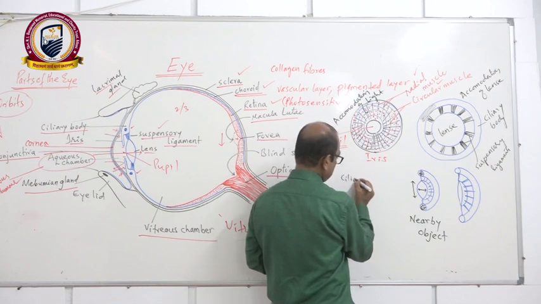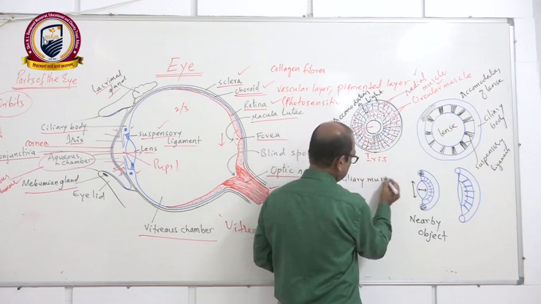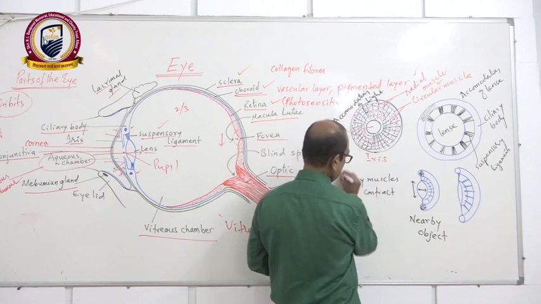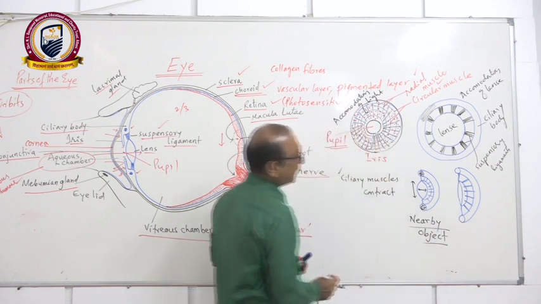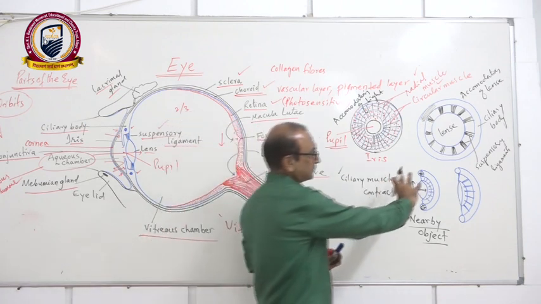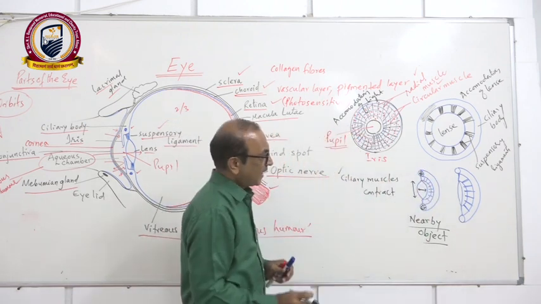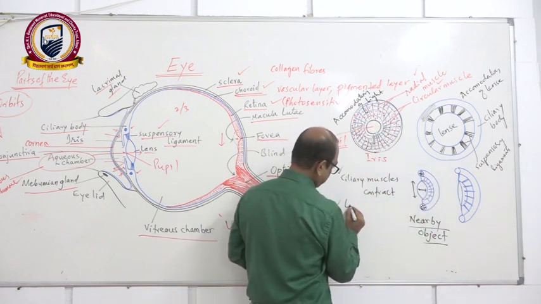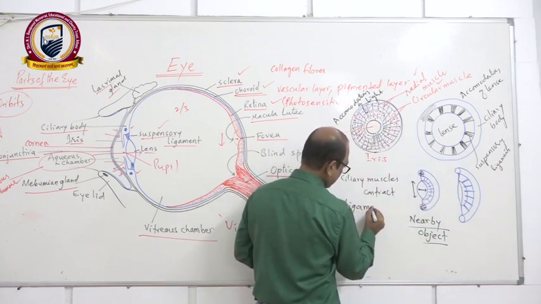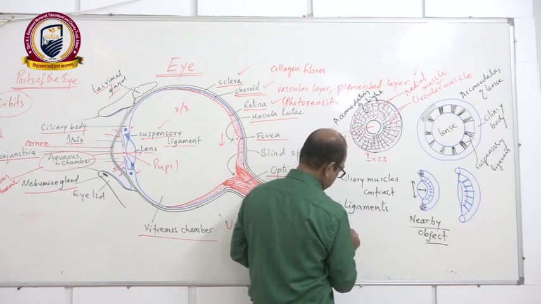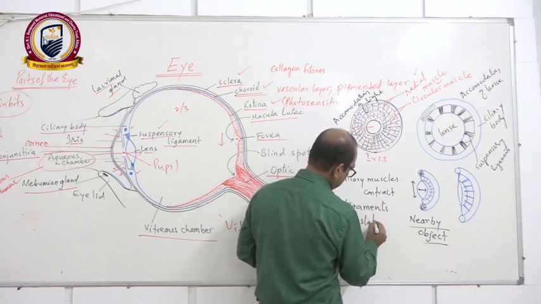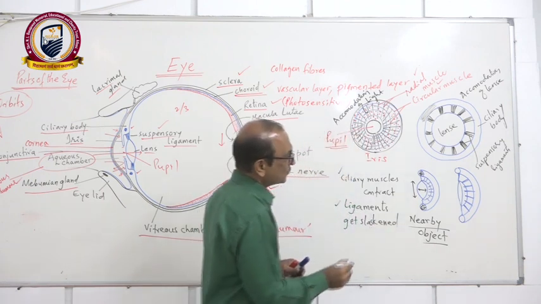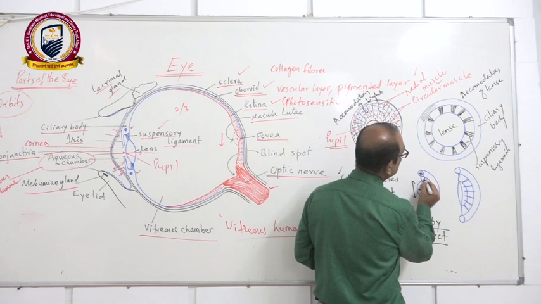So we can say the ciliary muscles contract, come closer to the lens, and thereby the ligaments get slackened, means they become loose, as we see here.